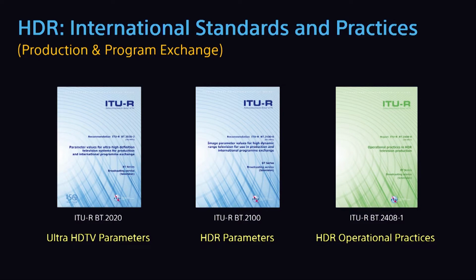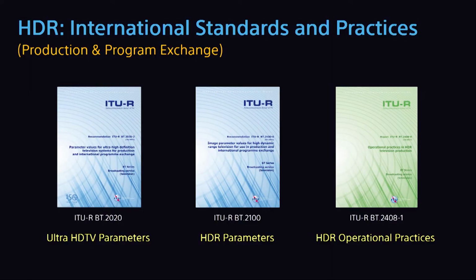We have the PQ signal and the HLG signals. They are fully described in that document. And recently, last year, there was a very important document, 2408, that describes the guidelines for practical television production in HDR.